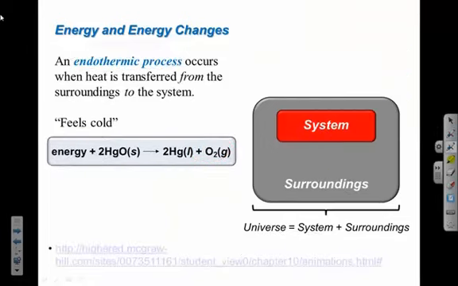So here I have a situation where, in this case, I've got mercury and oxygen, and I'm going to do an oxidation reaction to make neutral mercury and neutral oxygen.